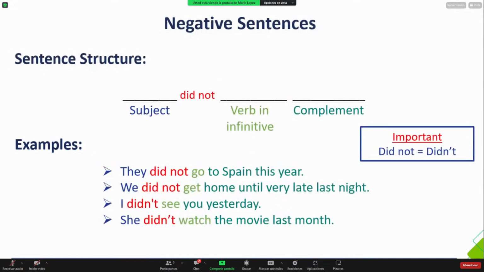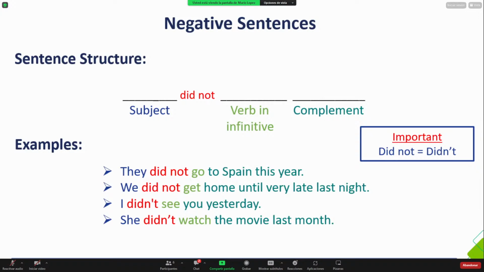Then we have the negative sentences. In the case of negative sentences, we have to add to the sentence did not after the subject before the verb. But it is very important to notice that the verb is in infinitive form, in the base form of the verb.